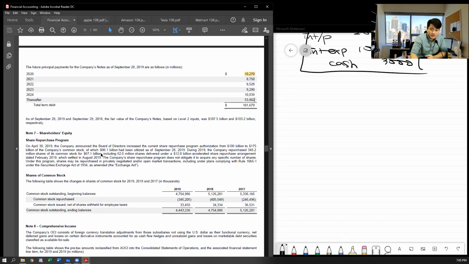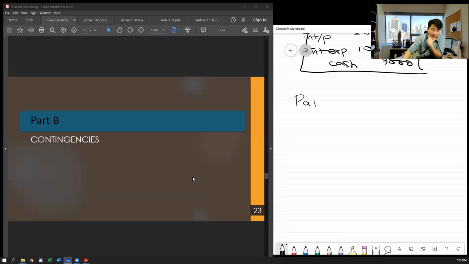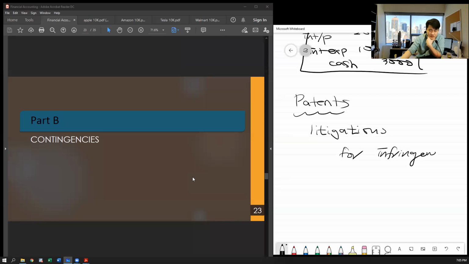And then, contingencies. So last week when we talked about patents, we talked about the possibility of litigations, right? Litigations for infringement, so you're protecting your patents from other companies.